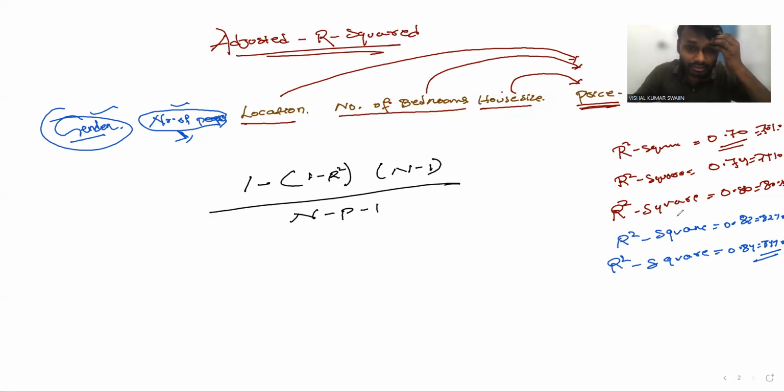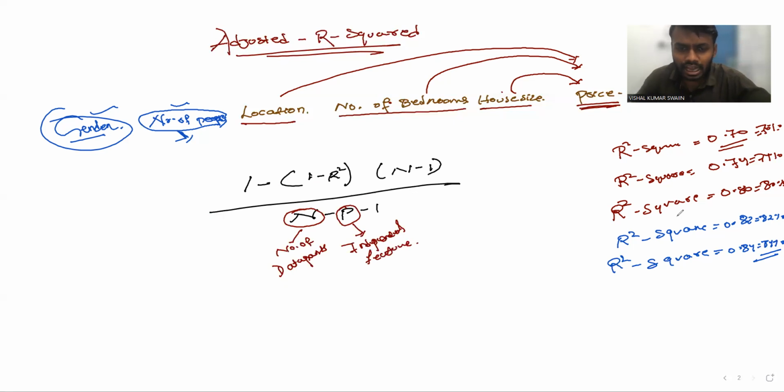Here n is the number of data points, and p is the number of independent variables, the independent features.